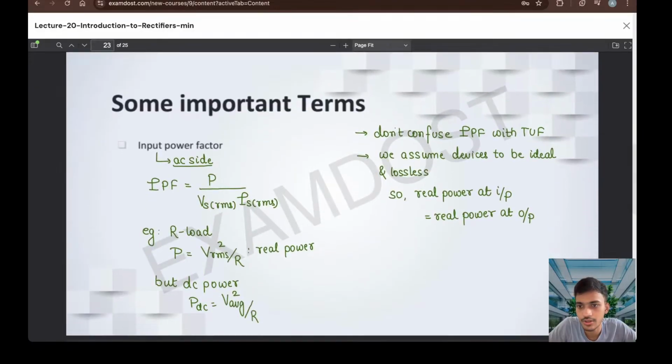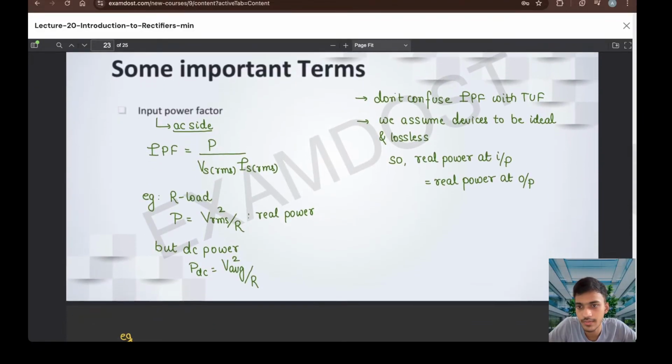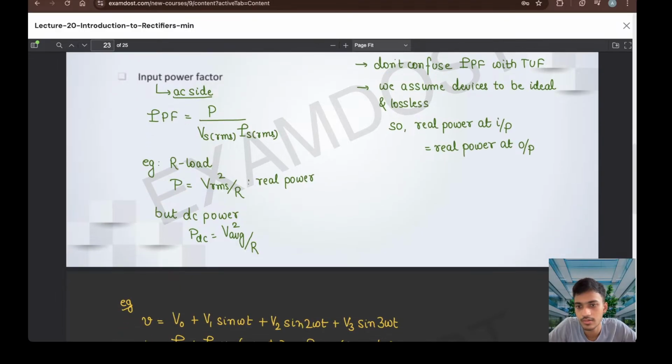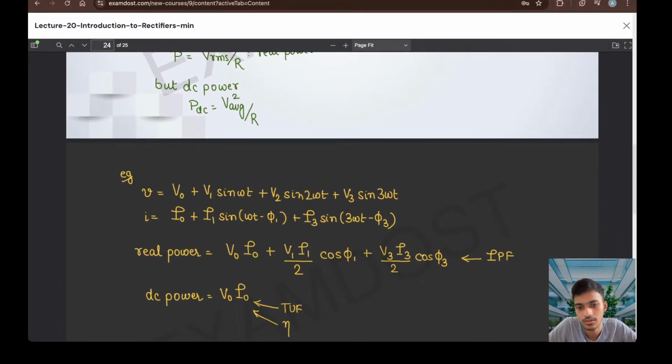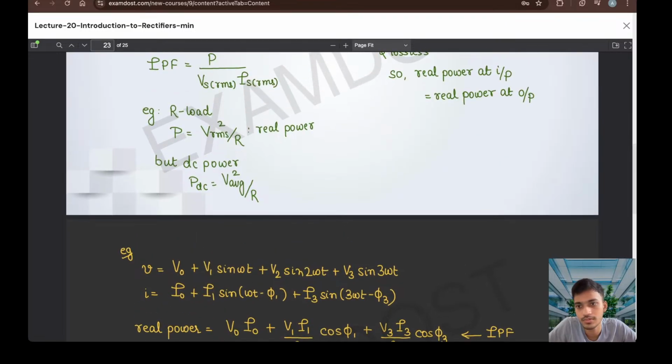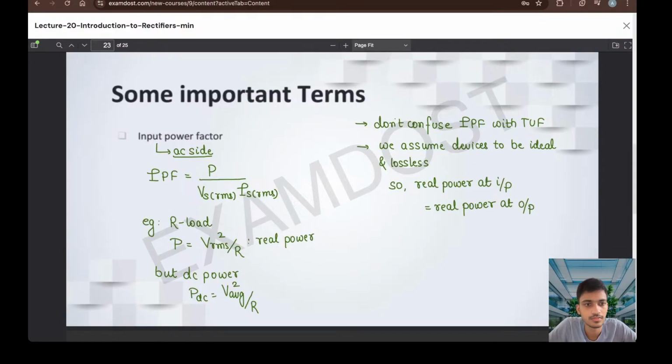Input power factor on the AC side: real power by source, yeah.